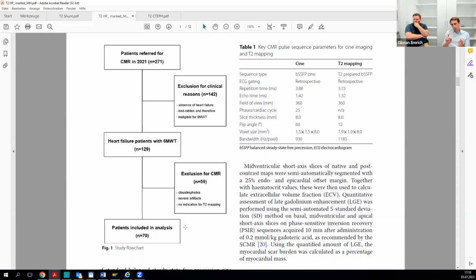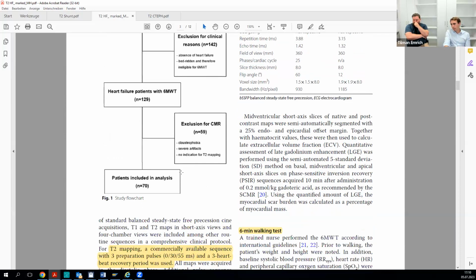These were all patients that had a complete CMR, including T2 mapping. They had a complete 6-minute walking test, and they had their labs. So they had BNP values drawn at the time of the 6-minute walking test and the CMR. So these are pretty well characterized, and we are pretty confident in this cohort.